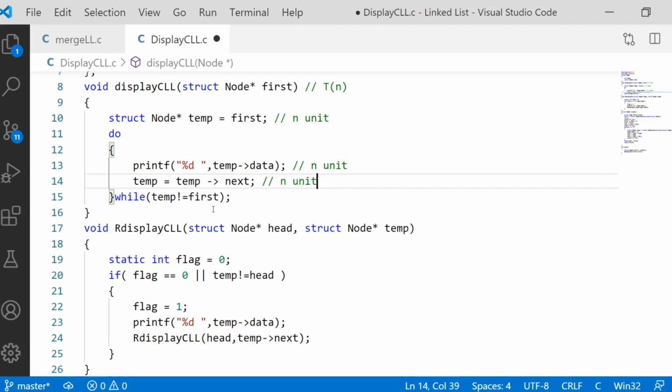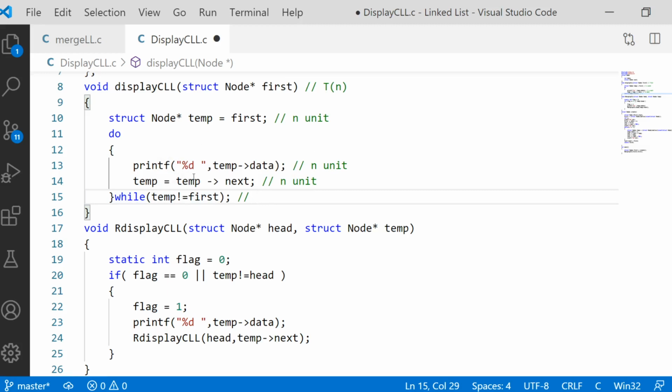Okay, coming here to the while condition. How many times will this while condition be executed? How many times will the condition be checked? That you should remember. First node it will be checked, second node, third node, fourth node, fifth node also it will check.